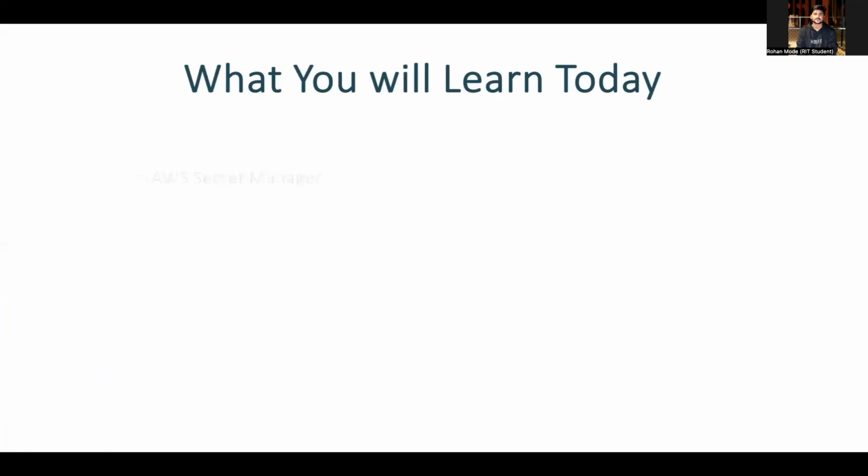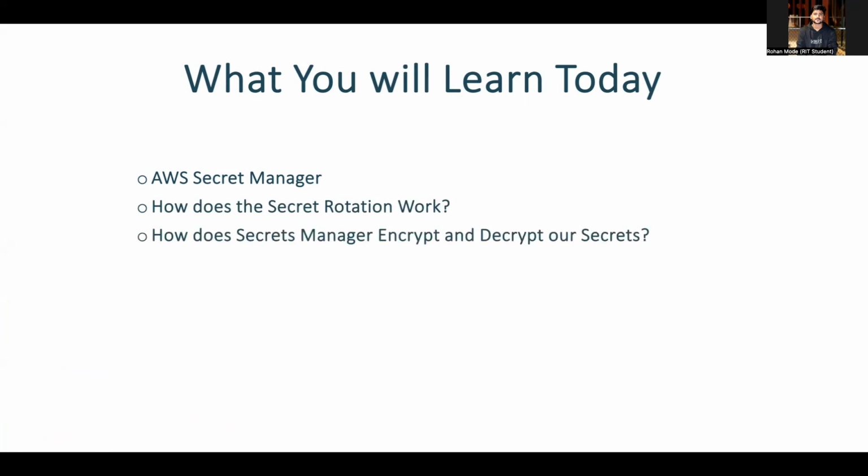What you will learn today. At first, we'll see the background of AWS Secrets Manager and why we need Secrets Manager in the first place. How does secret rotation work? How does Secrets Manager encrypt and decrypt the secrets that we create for any of the applications we are going to use it for? How does the secret replicate across AWS regions?